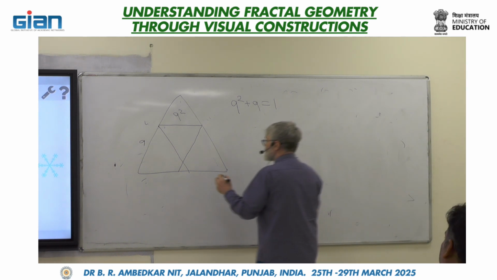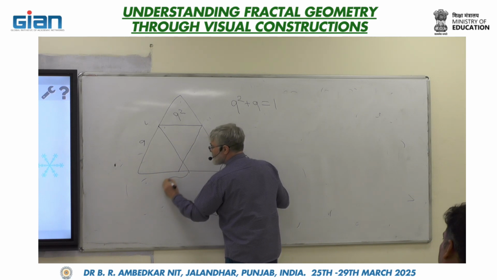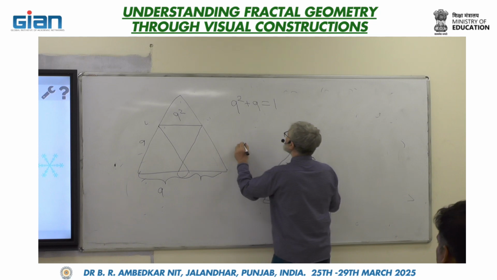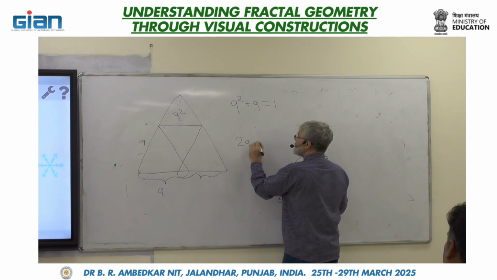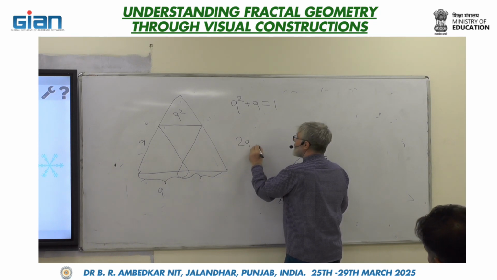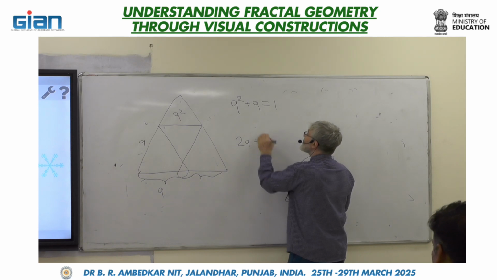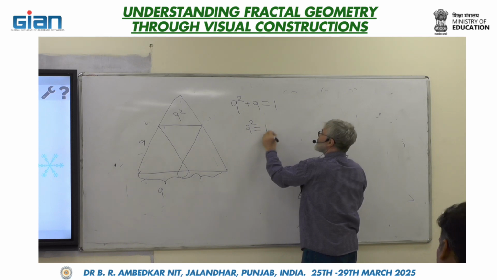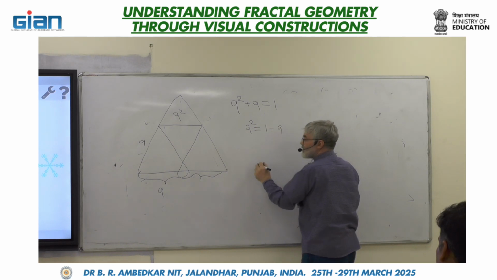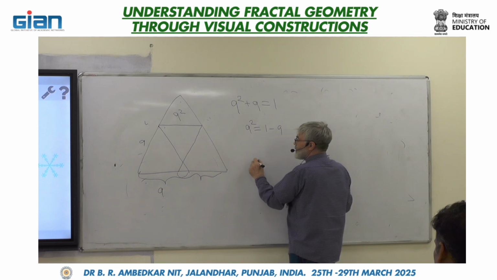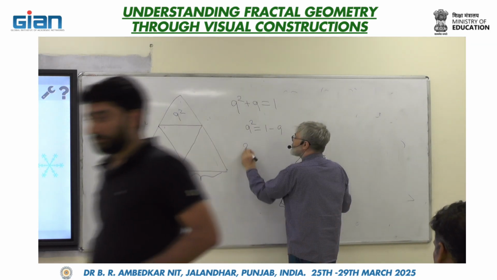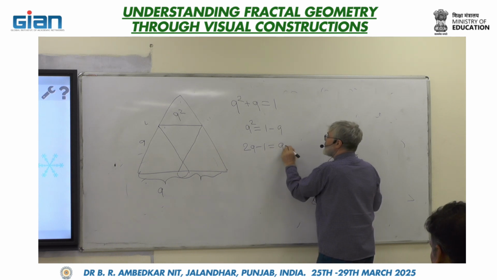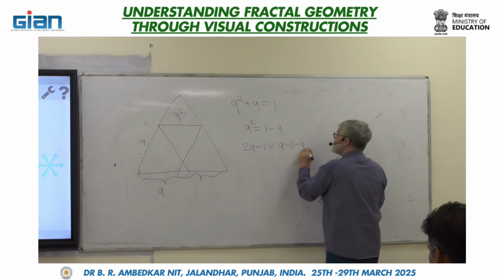And if you look at it, since this is Q, and this is also Q, then 2Q minus 1, Q minus 1. You see 1 minus Q, Q squared is equal to 1 minus Q, right? Therefore 2Q minus 1 is equal to Q minus 1 minus Q, right?